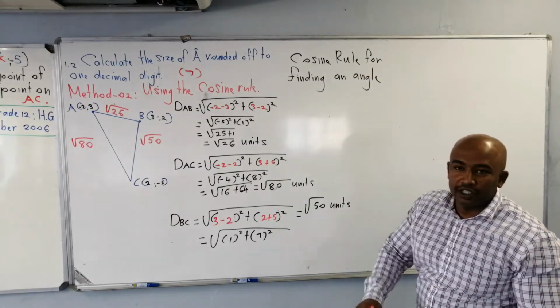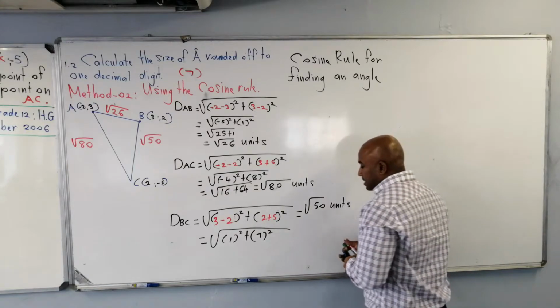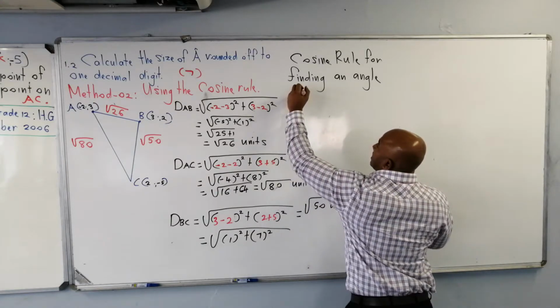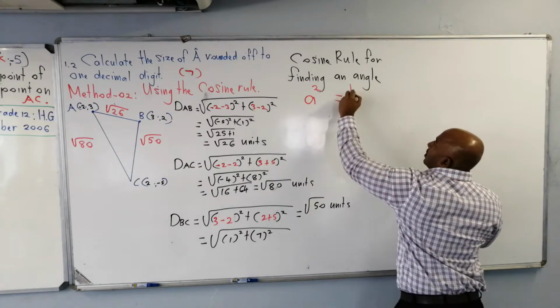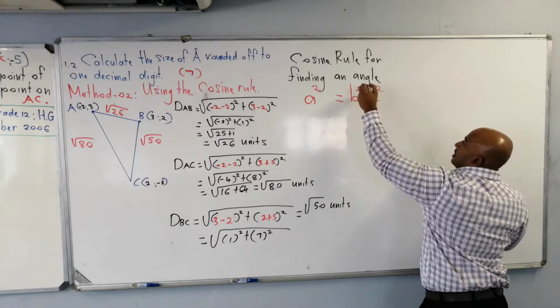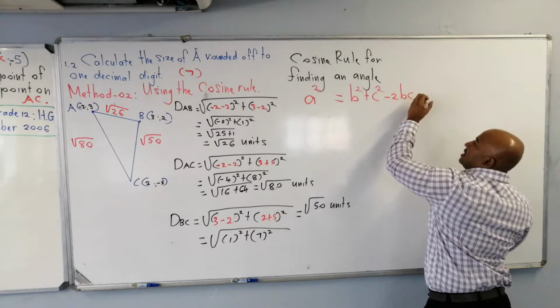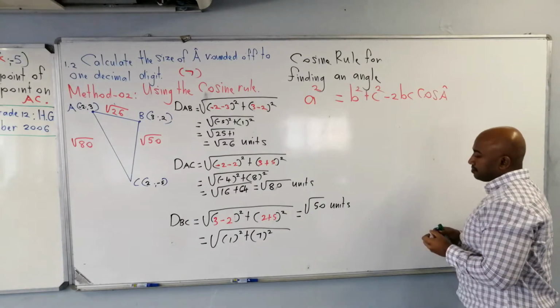It's the same rule that you will use for finding the side. So how will you write it down? A squared is equal to B squared plus C squared minus 2BC times the cosine of angle A.